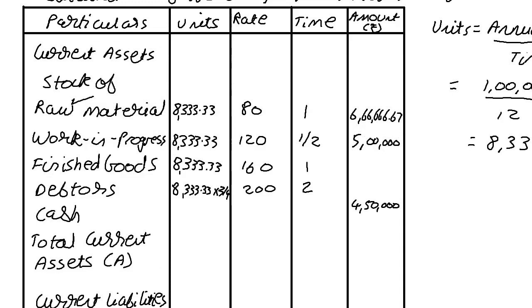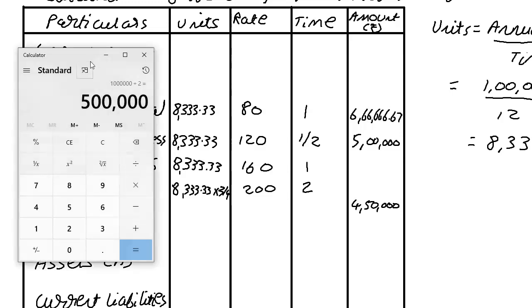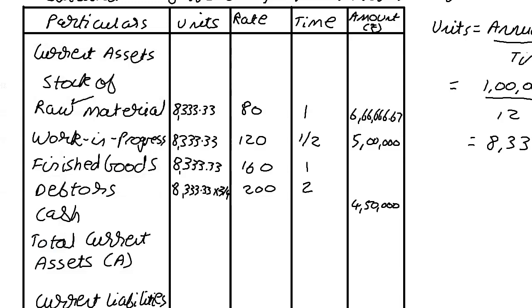Okay, and again we are likely to end up with decimal over here. So 1 lakh upon 12, or 8,333.3333 all the way into 160 into 1, which gives us, okay, 13,33,333.333. No problem. 13,33,333.33. Debtors we have.